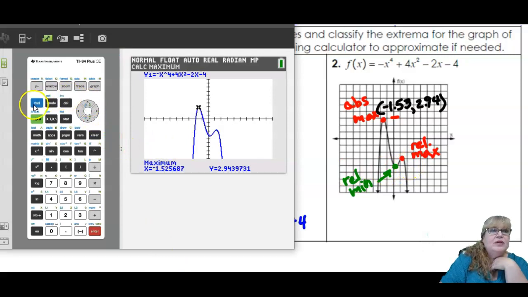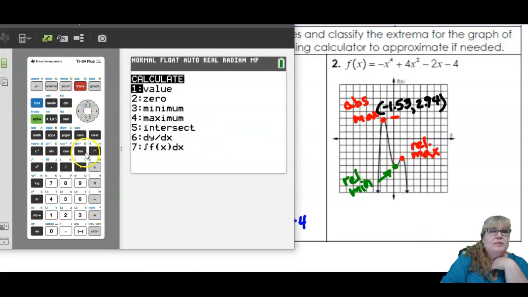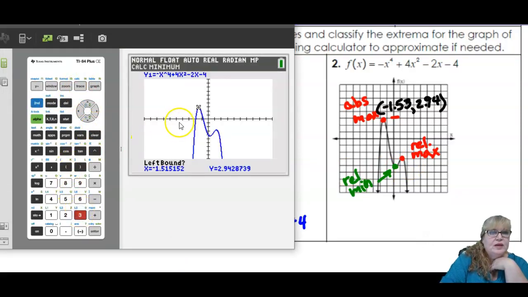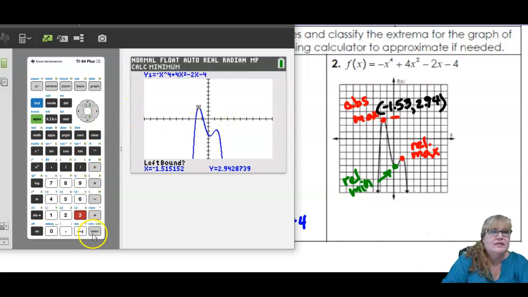I'm going to go second trace and pick min, and it is down here. I could say it's somewhere between -1 and +2, or I could just trace along here until I get a good guess. I'm just going to hit enter and go. You want to go past the min and where it's going up again.